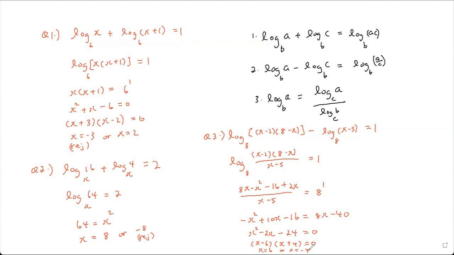I guess we should reject negative 4. Why do we reject negative 4? Because if you substitute x equals negative 4 into the original equation, you will get negative 4 minus 5, which is negative 9. You can't log a negative value. So we have to reject negative 4. So the answer is x equals 6.